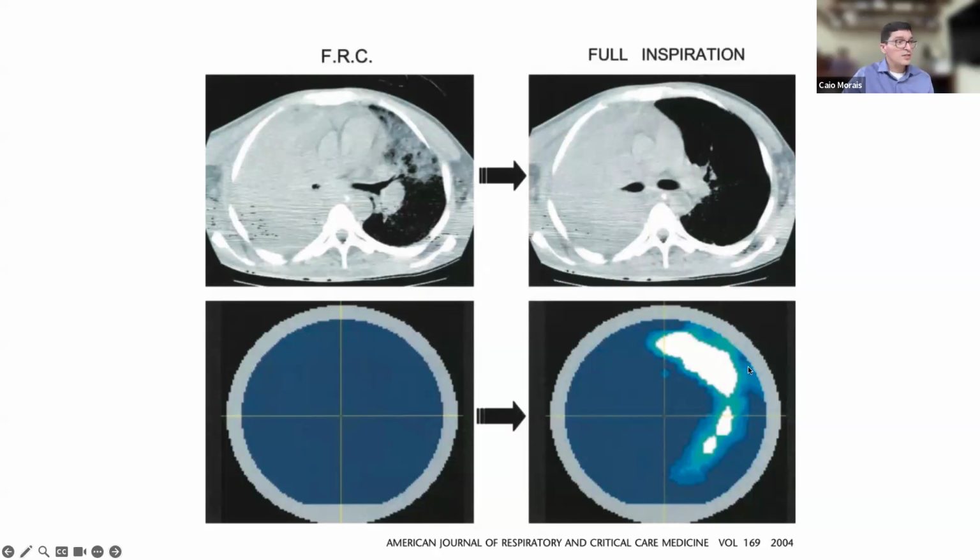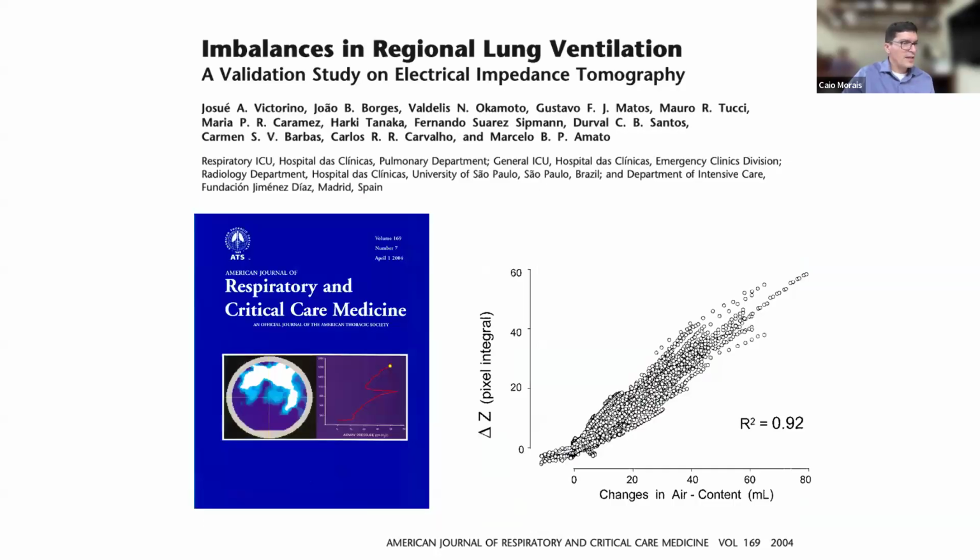And the EIT image agrees, showing that only the left lung is being ventilated. And they found a good intra-patient correlation, showing that what EIT measures, the tidal change, is probably the change in air content, with an R squared of 0.92.